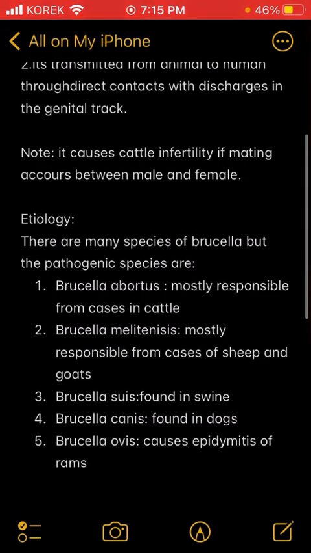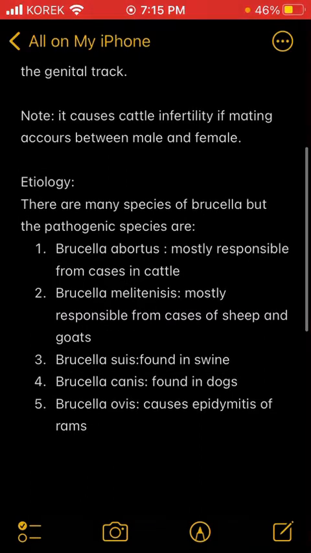Etiology. There are many species of Brucella, but the pathogenic species are, first, Brucella abortus, mostly responsible for cases in cattle or bovine cows. It causes abortion. Brucella melitensis, mostly responsible for cases in sheep and goats.